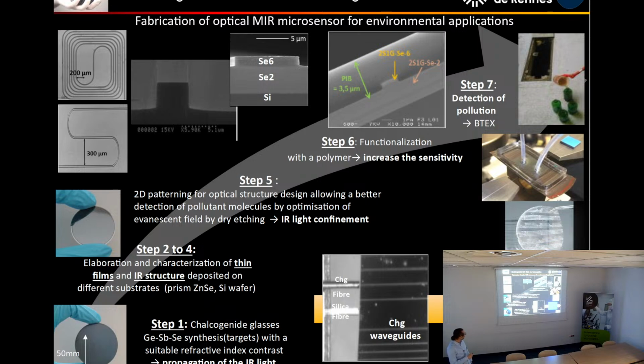We have all the equipment for making also thin film, and with collaboration with other labs, we can make some 2D patterning in order to have this kind of waveguides by using, it could be silicon at the beginning, but some layers of chalcogenide glass in order to make some sensors and waveguides in the mid-infrared. Okay.